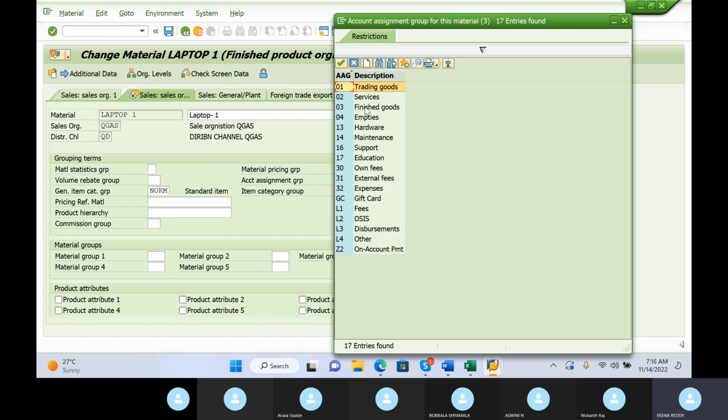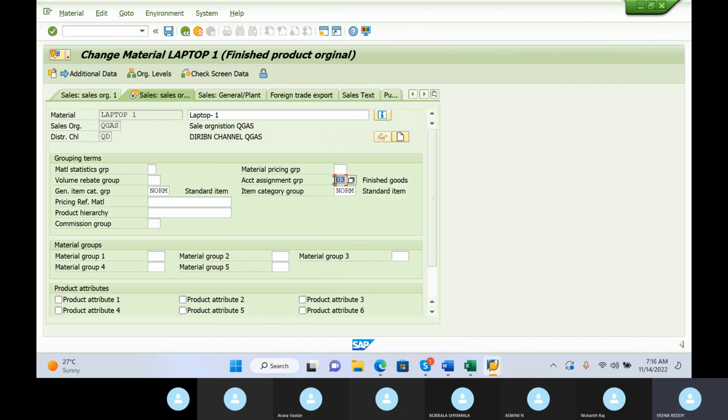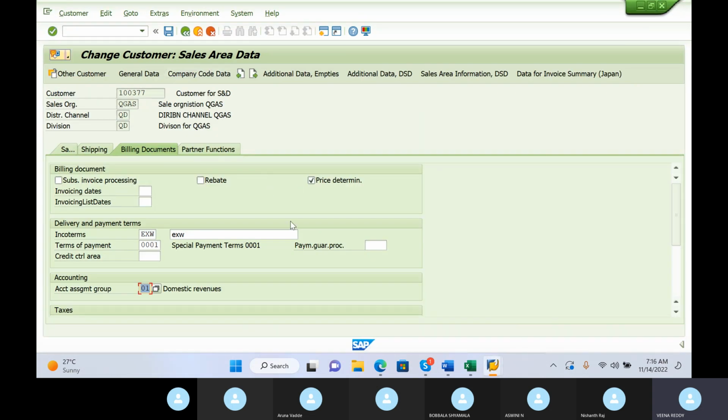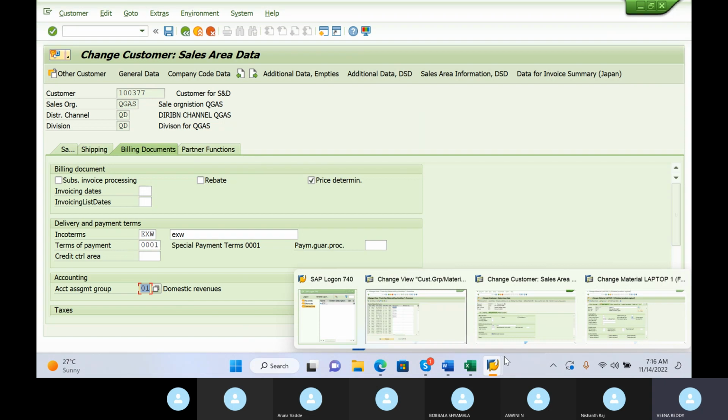The same account assignment is there in VKOA, related to finished goods. With this combination, the system will pick this GL. If any of these combinations is not maintained in material master or customer master, the system will give an error. The system will give an error if any of these account determination or account assignment entries are missing.